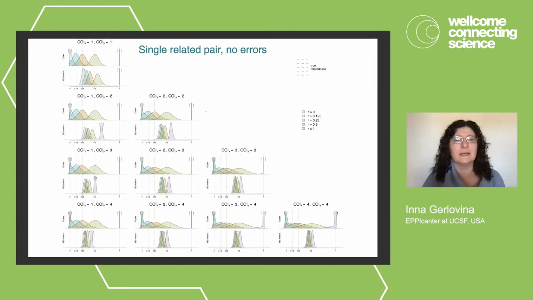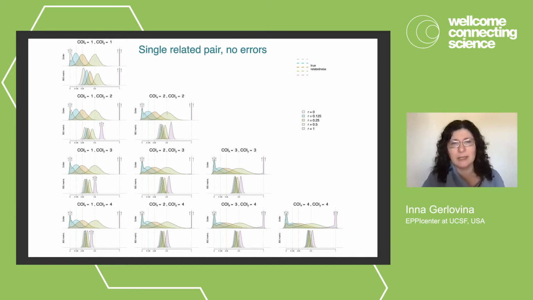Now, getting to simulations, we compare different panels and also compare with the IBS similarity metric. First, let's look at the density of sampling distributions for Dcifer and IBS. Dcifer is on the top, IBS is on the bottom, and this goes across various COIs, complexity of infection. So we can see that the IBS metric is quite biased, and there is not that much separation between two different R's. I should point out that colors represent different true values of this relatedness parameter.